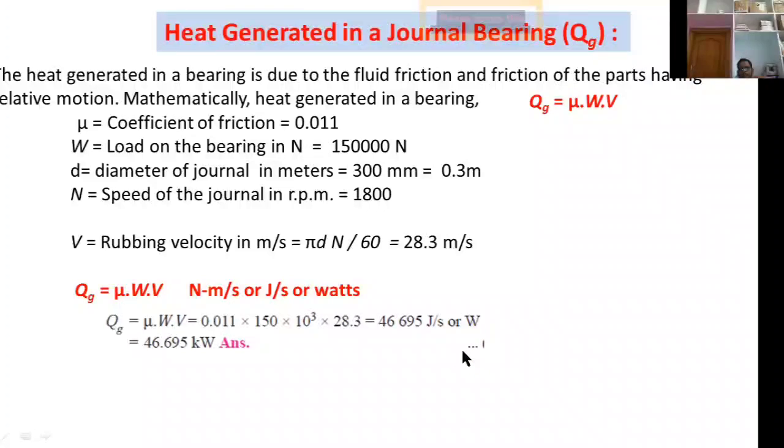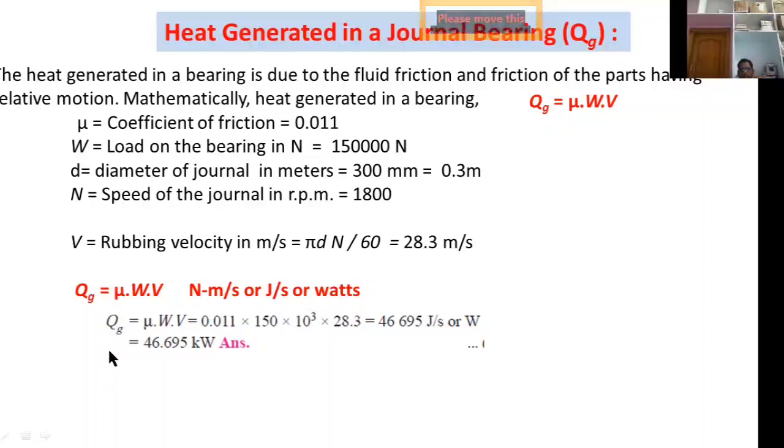Now to get it in kilowatts, you have to divide this value by 1000. We get the answer in kilowatts.